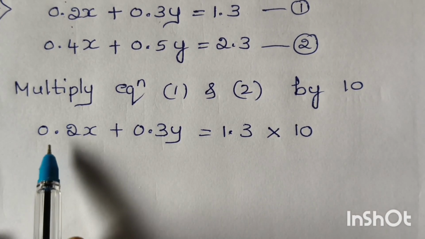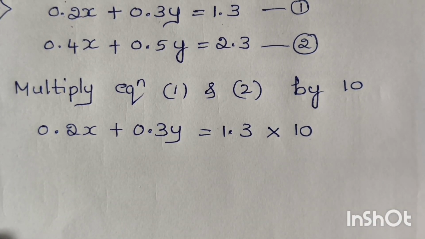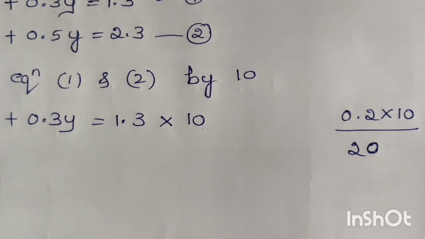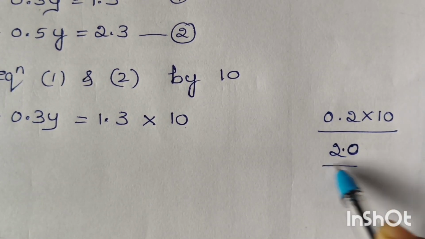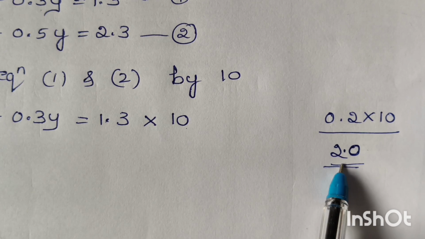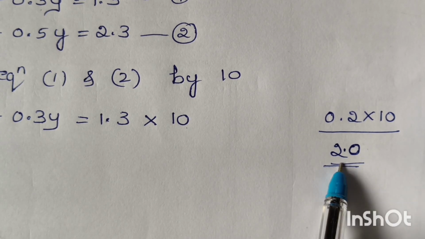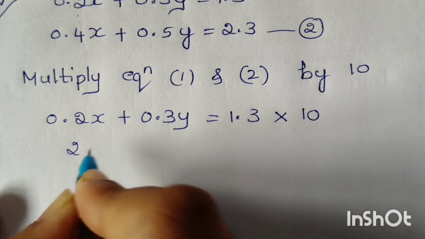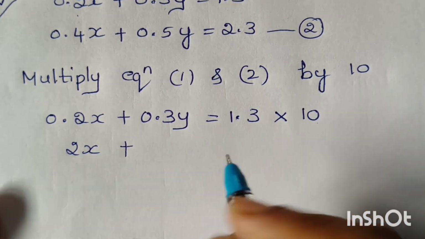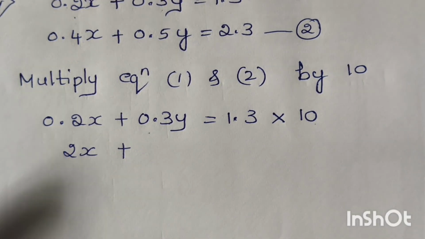Then what will it become? 0.2 into 10. Now look at this. It will become 2.0, right? 2.0 is nothing but 2. So it will become 2x plus 0.3 into 10.